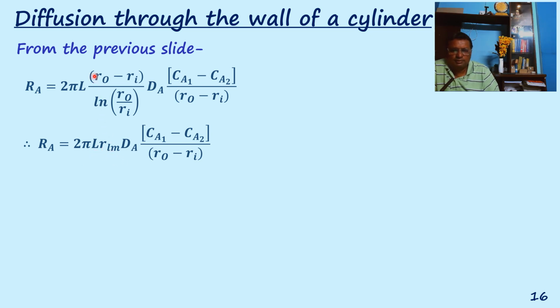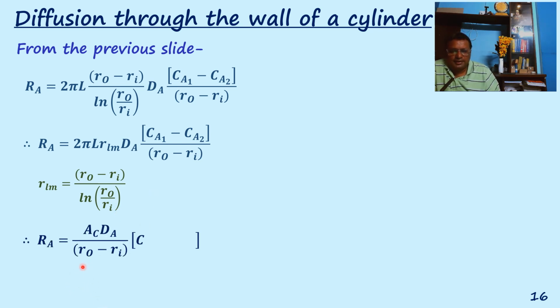Now I'm trying to replace this group R0 minus Ri divided by ln of R0 by Ri with this RLM. So now I have Ra is equal to 2 pi L RLM into dA Ca1 minus Ca2 divided by R0 minus Ri, where in this case RLM is nothing but R0 minus Ri divided by ln of R0 upon Ri.